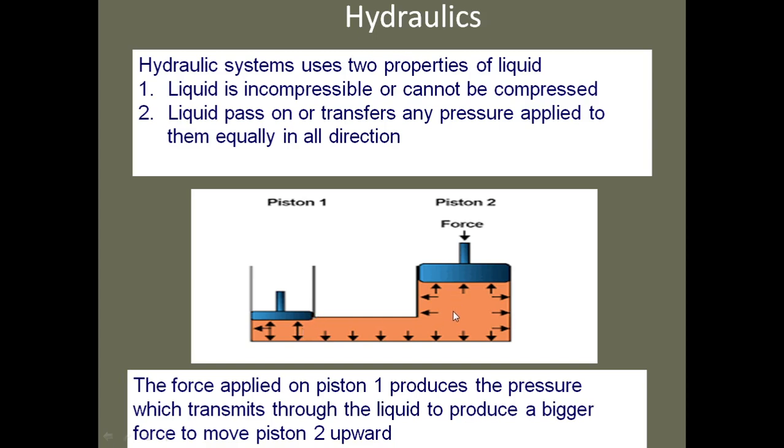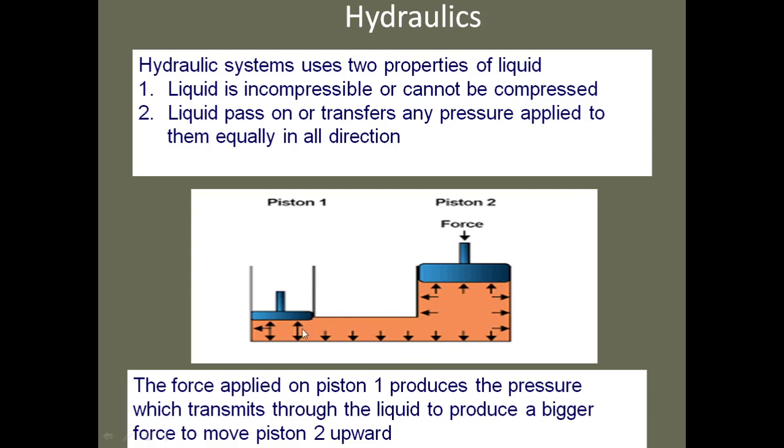So when you apply a force here, which will result in pressure on the liquid, the pressure will be transmitted equally in all directions, throughout the liquid, throughout the system.